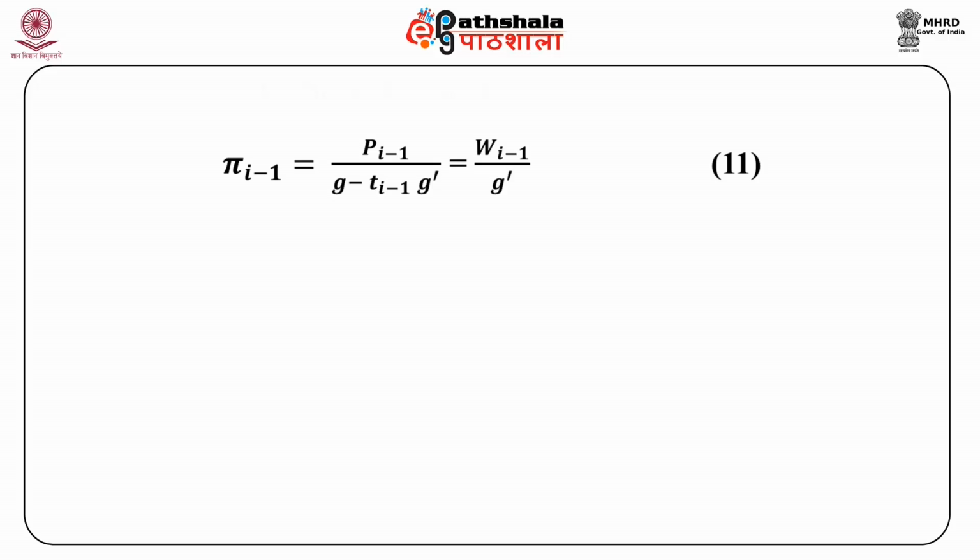Pi i minus 1 is equal to Pi minus 1 upon G minus Ti minus 1 into G dash, which is equal to Wi minus 1 upon G dash, equation 11.